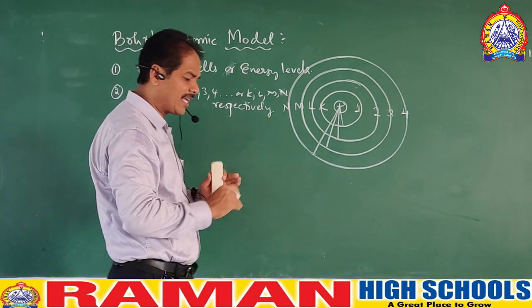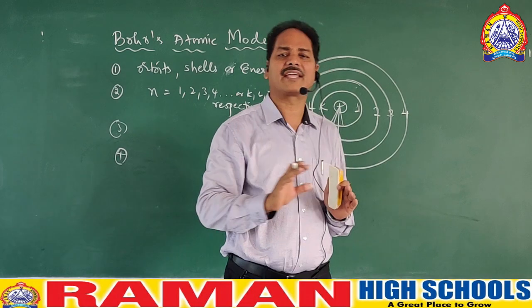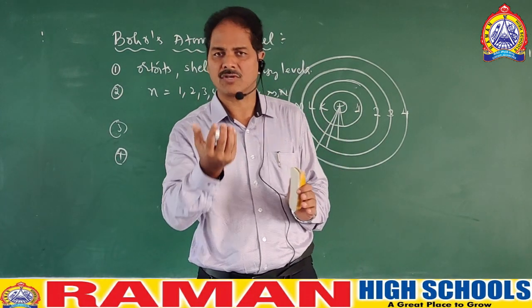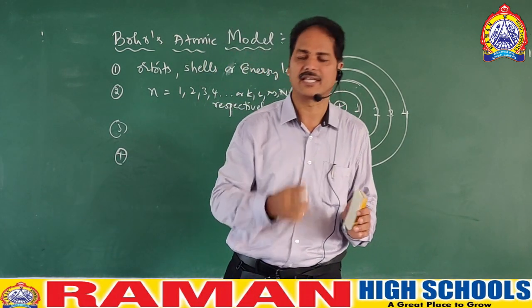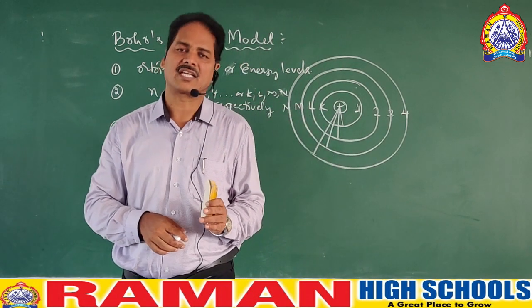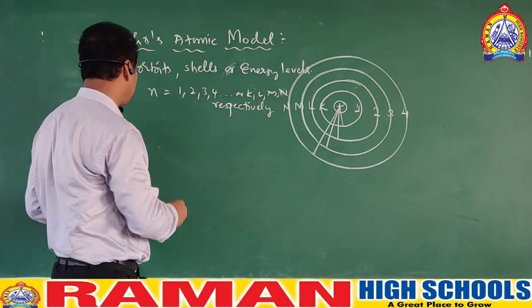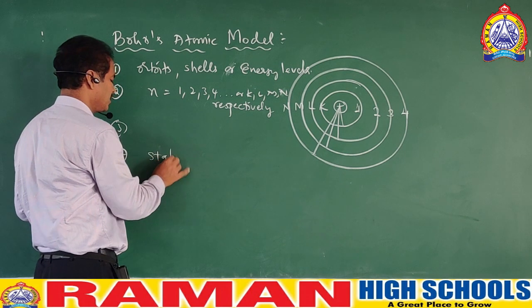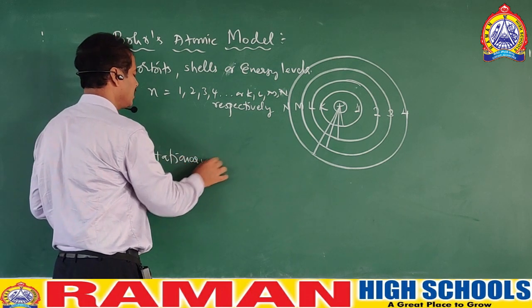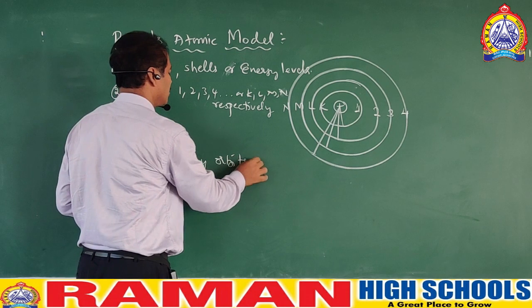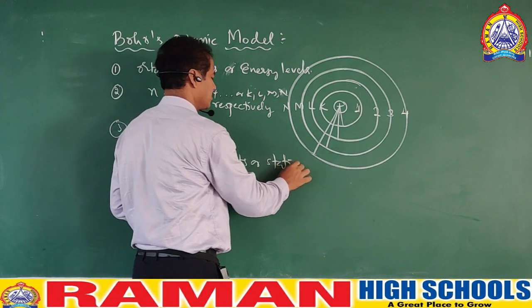These orbits neither lose energy nor gain energy. Orbits don't take energy, and they don't give energy. That's the reason these orbits are called stationary orbits or stationary states.